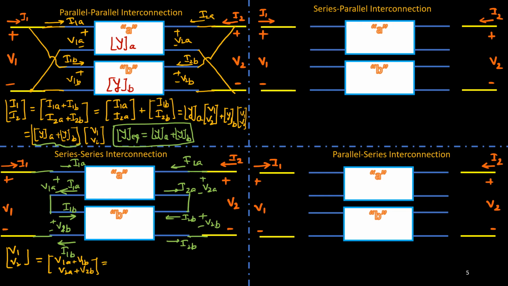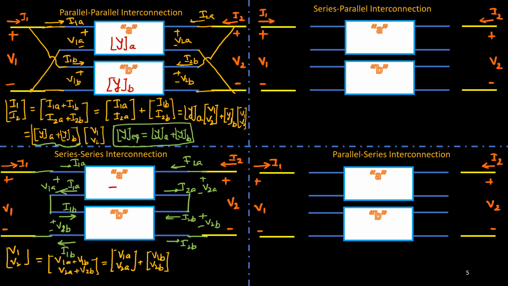So we can write this in this form, V1A and V2A plus V1B, V2B. So input voltage, output voltage, we can express in terms of input current, output current. That is your Z parameters. So we can express this one as Z parameters.